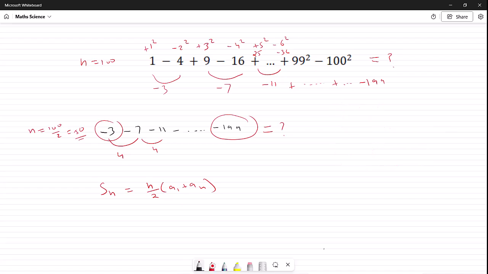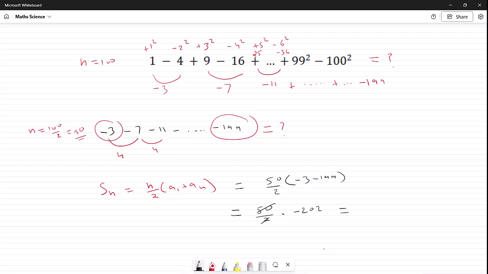Now I'm just going to substitute these numbers into the summation of the arithmetic series to find the sum of this series. So now n is what? 50. So we have 50 divided by 2, a1 is minus 3, and then your last number is minus 199. And this just becomes 50 divided by 2 times minus 199 minus 3, which is minus 202.